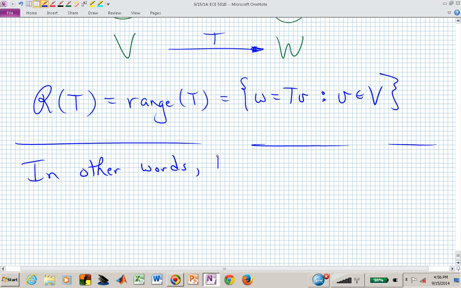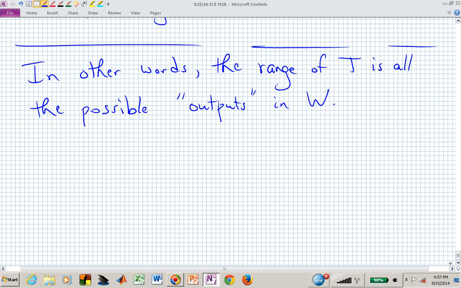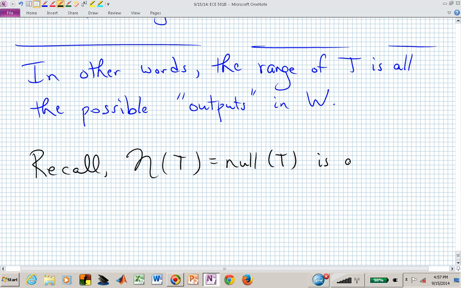In other words, the range of T is all the possible outputs that we can get to in W. Now, let's just recall that the null space of T was a subspace, and it was a subspace of what?